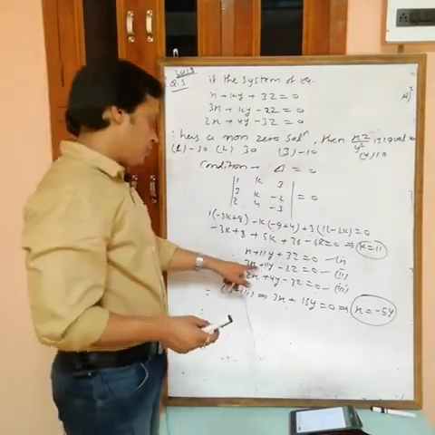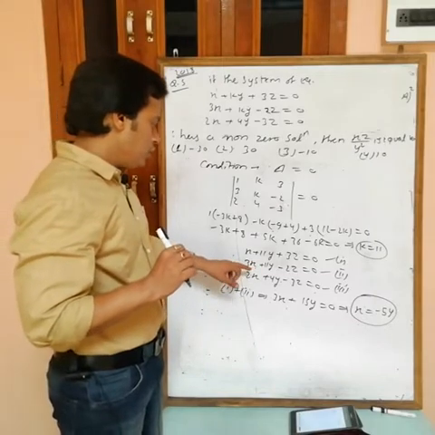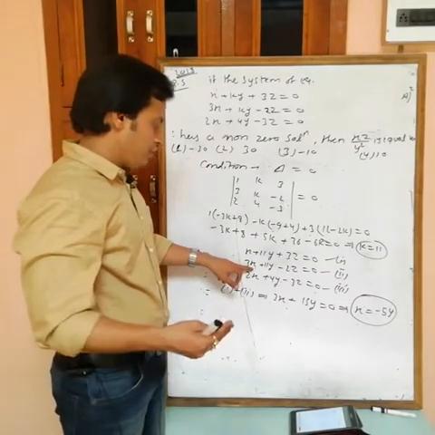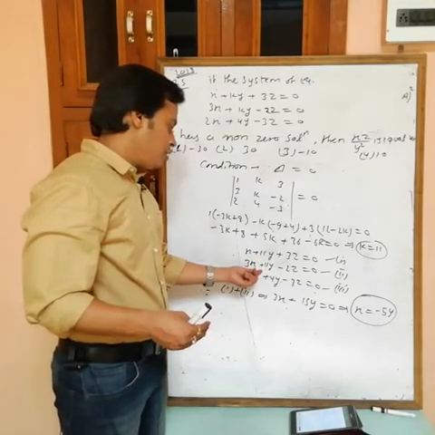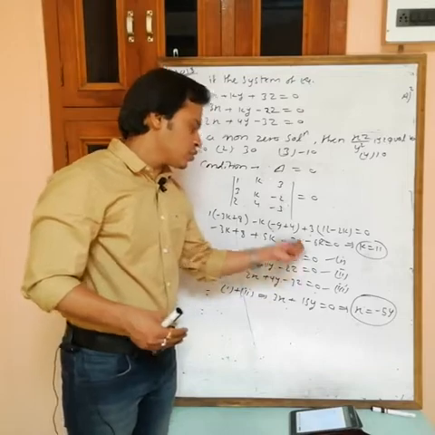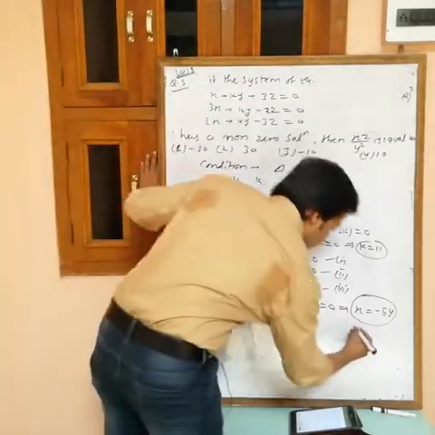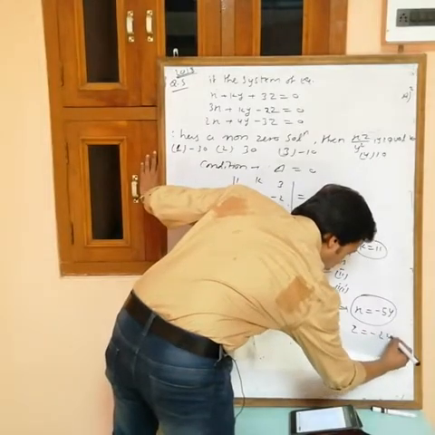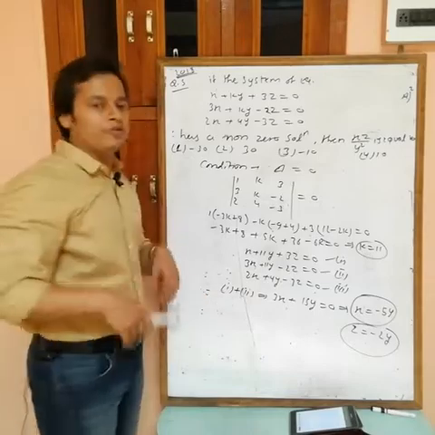So if you put x equals -5y, you will get -15y + 11y, that is -4y, equals 2z, so we are getting z equals minus 2y. If you put the value of x in any equation, you will get the value of z in terms of y.